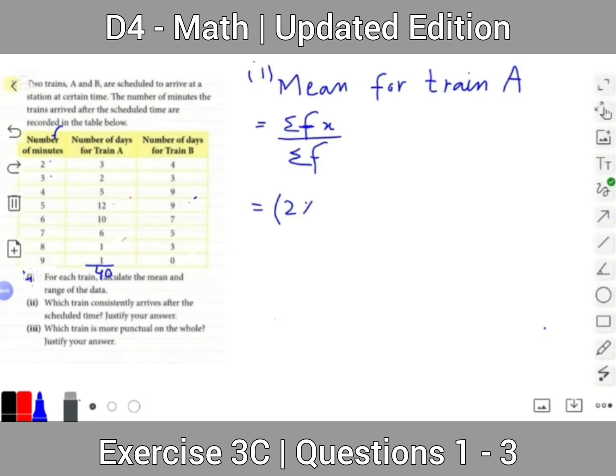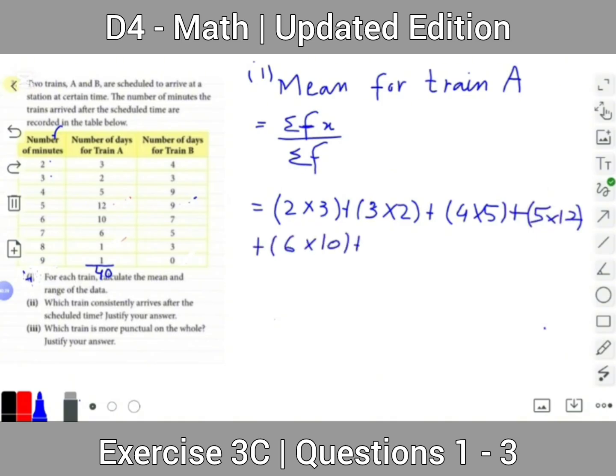Now we have 2 multiplied by 3 plus 3 multiplied by 2 plus 4 multiplied by 5 plus 5 multiplied by 12 plus 6 multiplied by 10 plus 7 multiplied by 6 plus 8 multiplied by 1 and plus 9 multiplied by 1, divided by the total frequency for train A, and that was 40.